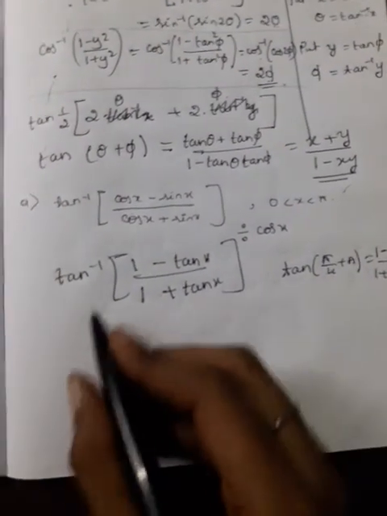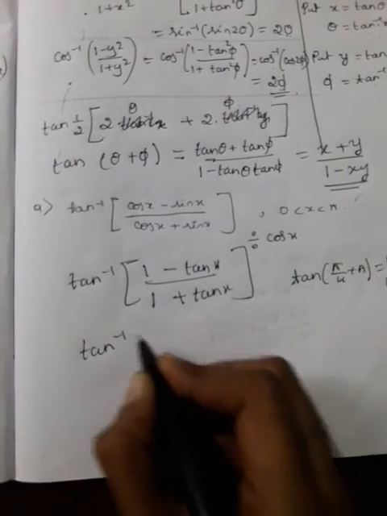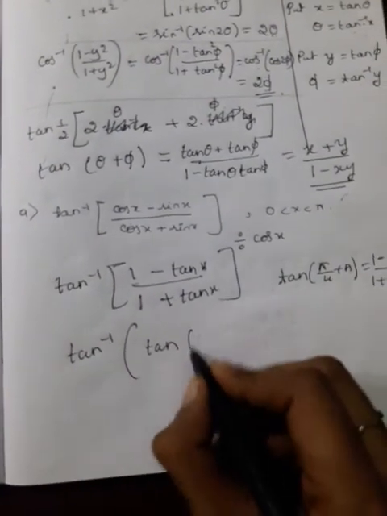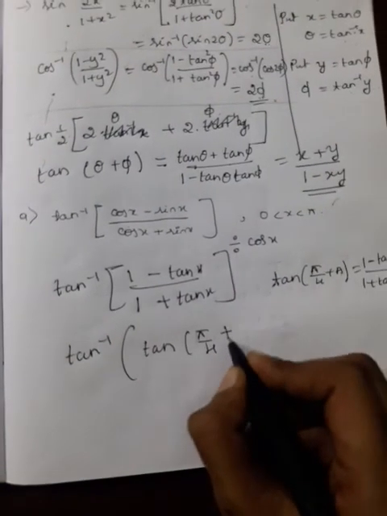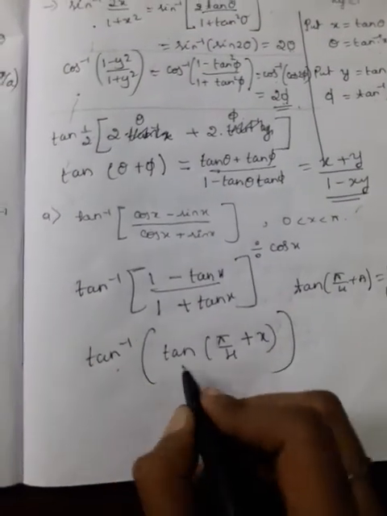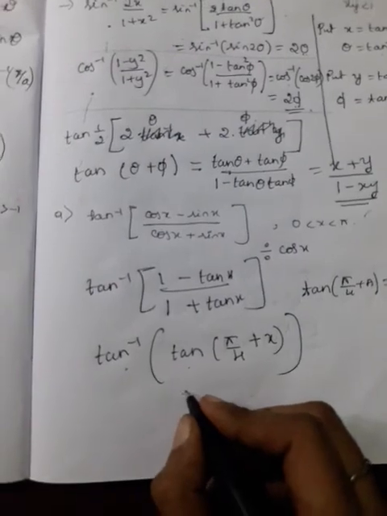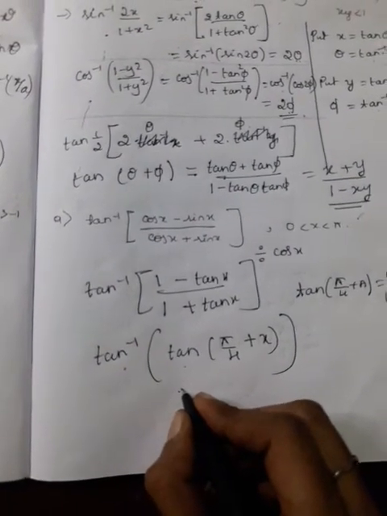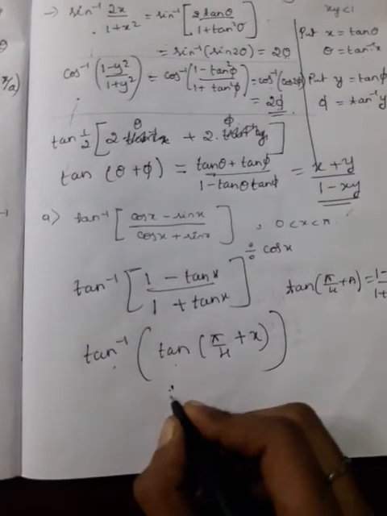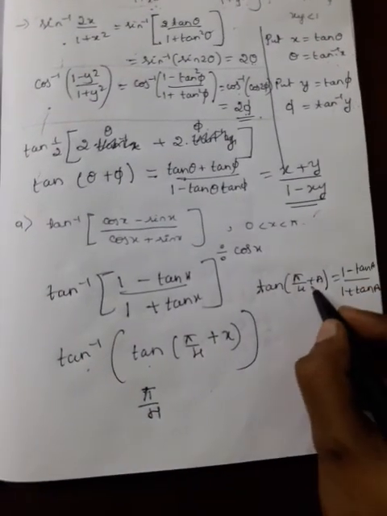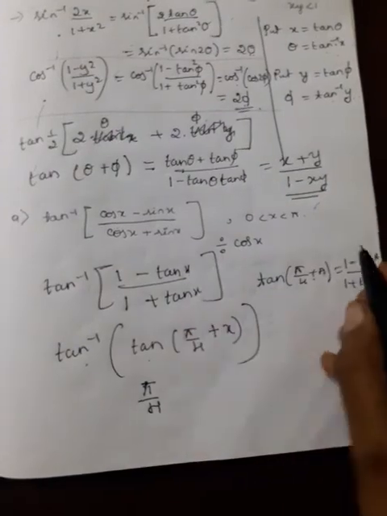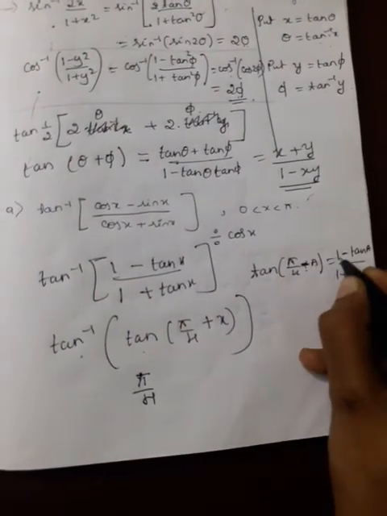This is equal to tan inverse of tan of pi by 4, instead of a, here x is there, pi by 4 plus x. Sorry, this is minus because the numerator is minus.